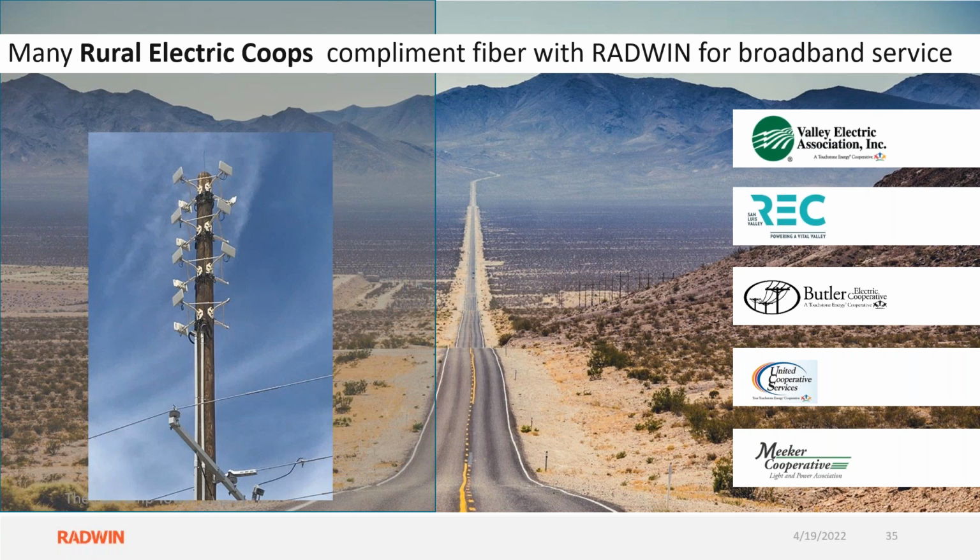These providers will actually use RADWIN to provide the connectivity to all these gas wells, and we do that through this Jet technology. Those are NEOs, I think, right there. But again, the capacity's there with the beamforming.